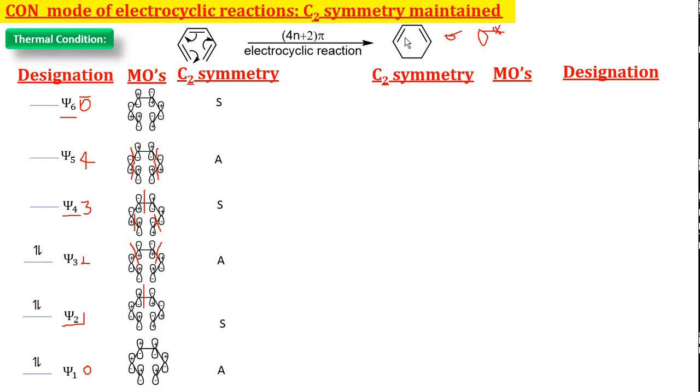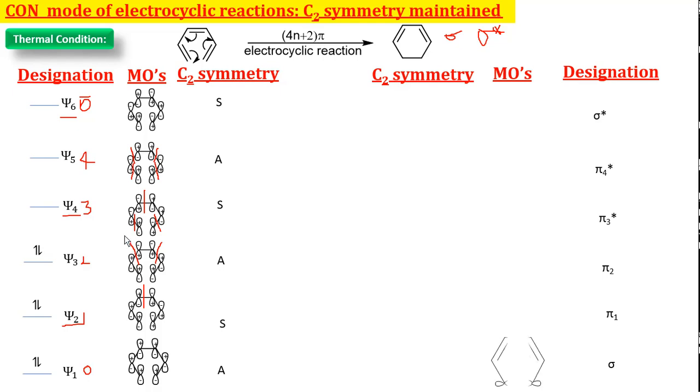The 2 pi bonds have 4 molecular orbitals, pi 1, pi 2, and for our convenience I am saying pi 3 star, pi 4 star, because they are anti-bonding molecular orbitals. So sigma, pi 1, pi 2, pi 3 star, pi 4 star, and the last one is sigma star. This is the energy order.